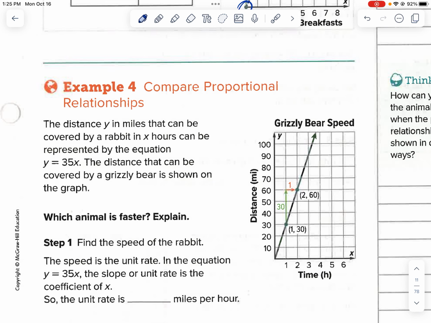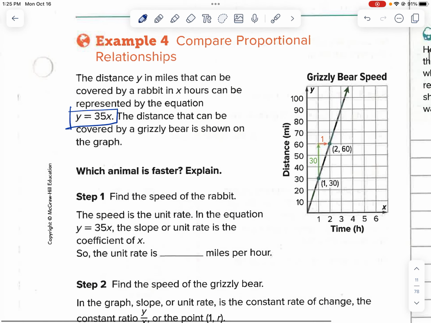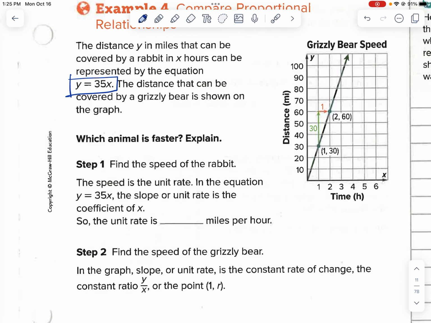It says the distance y in miles that can be covered by a rabbit in x hours can be represented by this equation. Now, the distance that can be covered by the grizzly bear is shown on the graph. So, find the speed of the rabbit. You just look at the number in front of the x. 35 miles per hour.